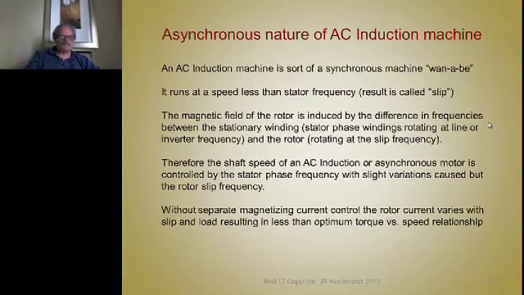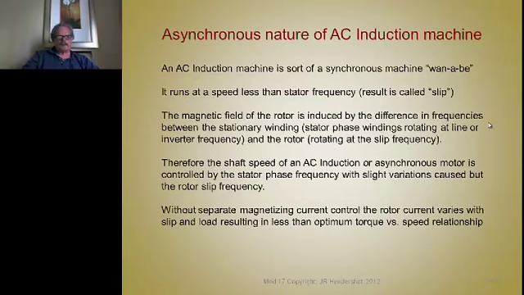As I said before in an earlier slide, I like to think of an asynchronous machine or induction machine as a synchronous machine wannabe. It's trying to always run at synchronous speed, but it can't quite get there. The rotor runs at some speed less than the stator frequency speed, and this is what is known as the slip of the rotor poles on the surface of the rotor.